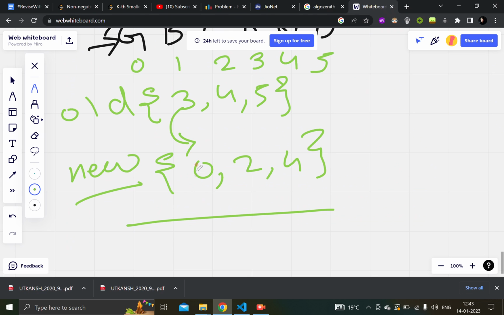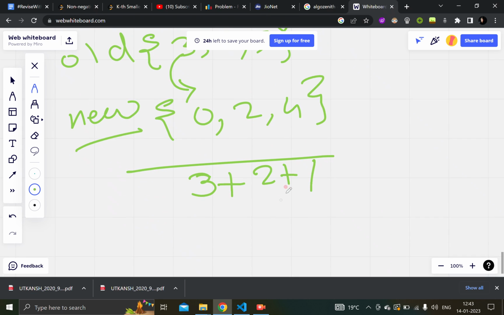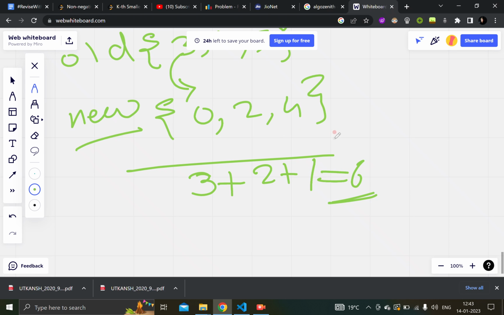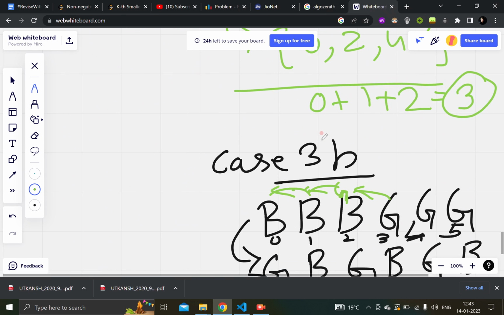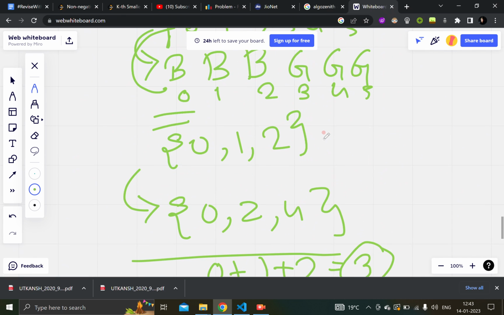So in total we require 3 swaps to move location 3 to location 0, right? It will be 3. Now similarly the differences will be 2 and 1, right? So the total number of swaps we took to make that arrangement will be 6, right? I hope you understand the approach and the cases which we have here.